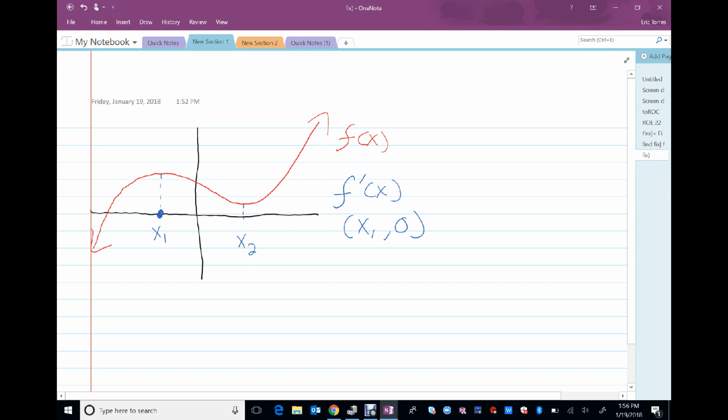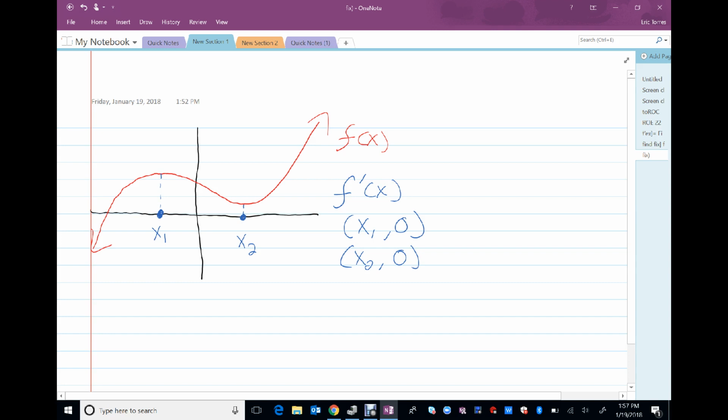So my instantaneous rate of change went from negative to positive because it went through 0. So this is also going to be an easy point to find on the derivative function. At that x value, I know the output is 0 because that's my instantaneous rate of change of my function.